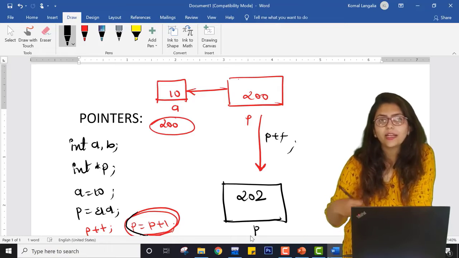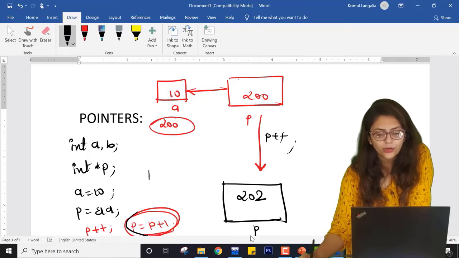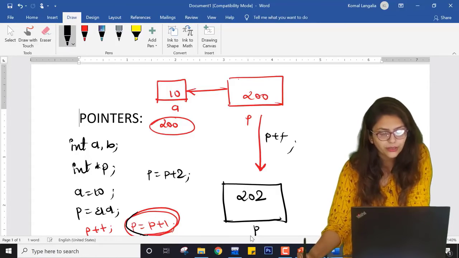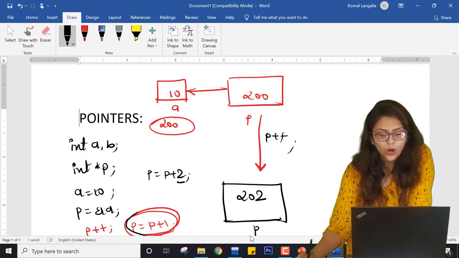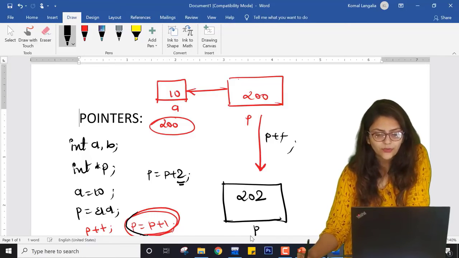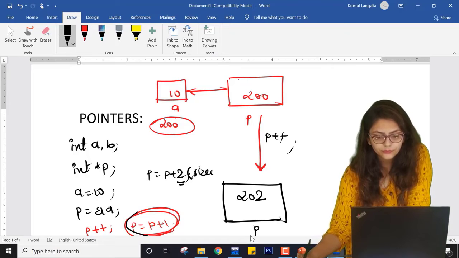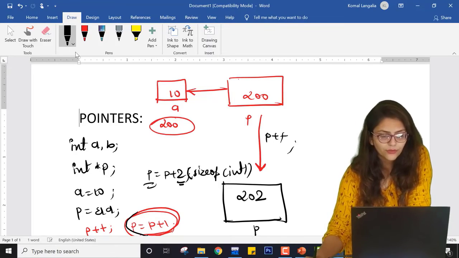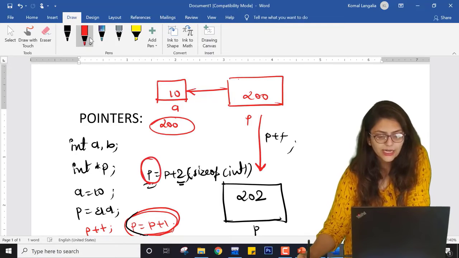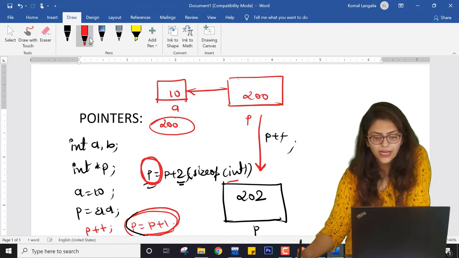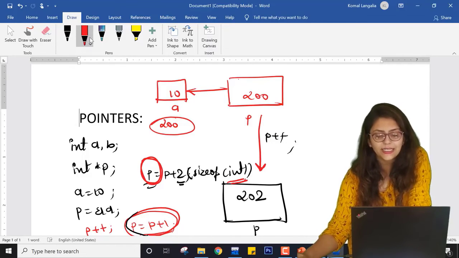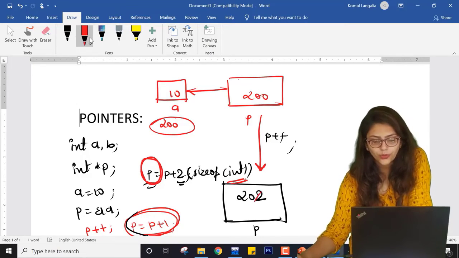So whenever you are incrementing it, or doing p equal to p plus 2 or any kind of assignment operator, it will not add this constant but it will add 2 into size of int. Here p is of type integer, that's why it will add 2. So if I am doing p equal to p plus 2, then exactly it is adding 4 over here.